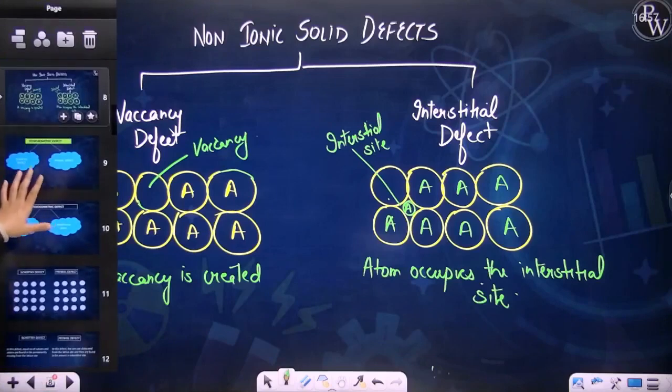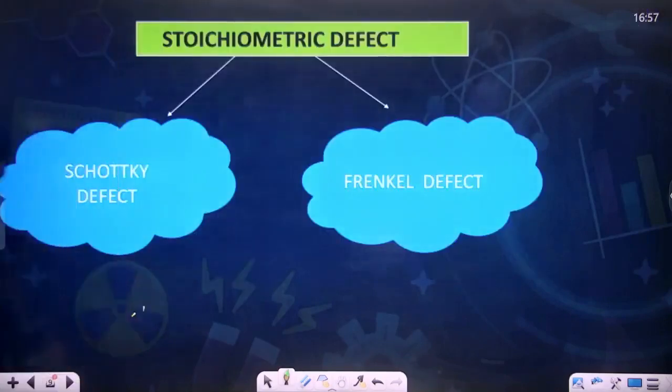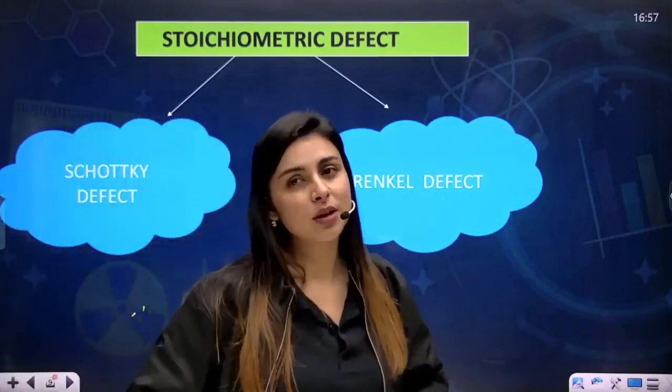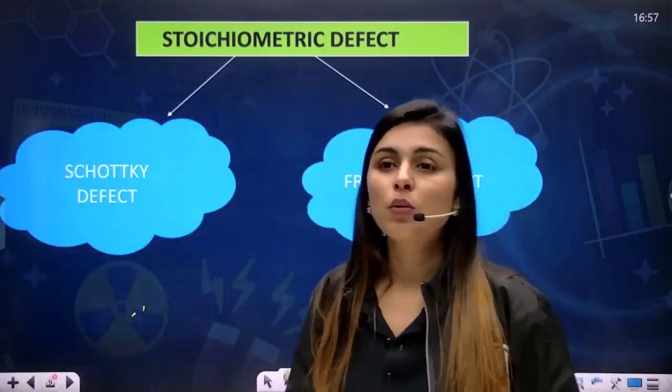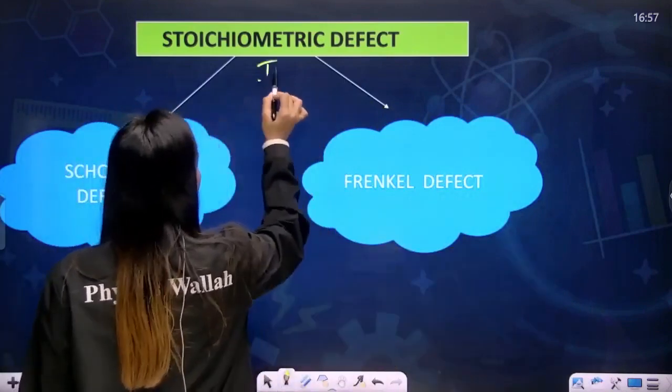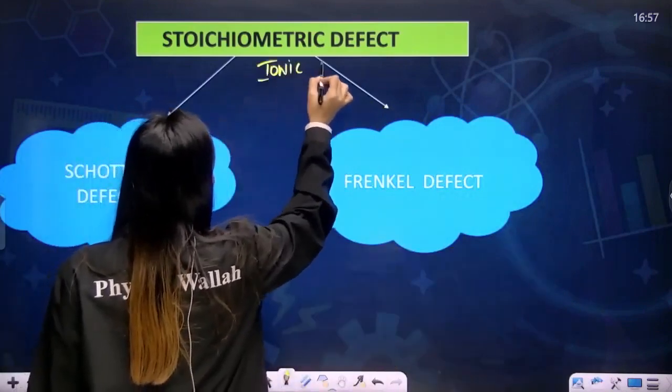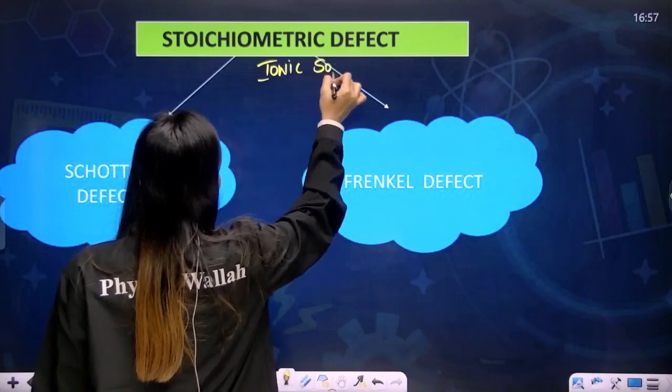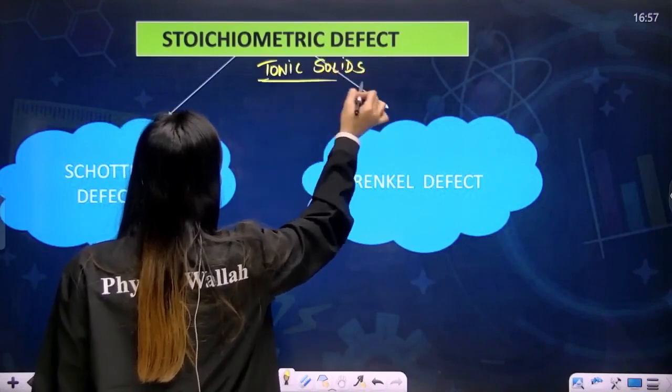Now let's move forward. Now, my dear students, the main part is coming, from where generally questions are asked. If you talk about stoichiometric defects, we are now talking about ionic solids. In ionic solids you have cations and anions.